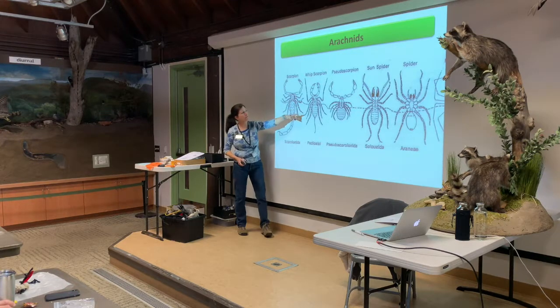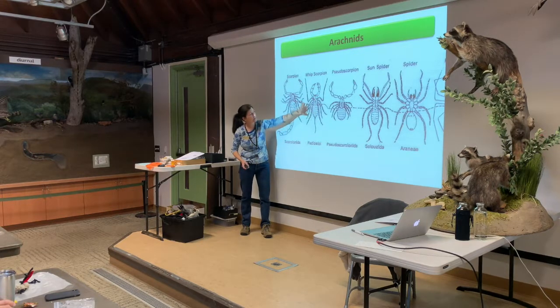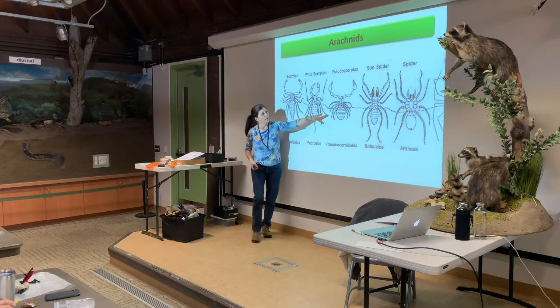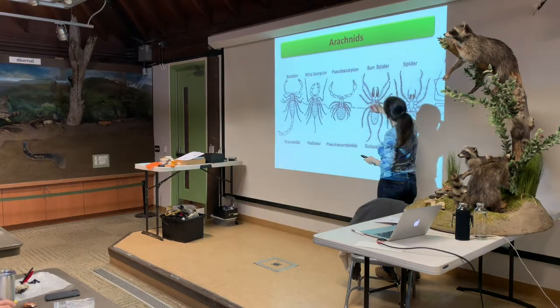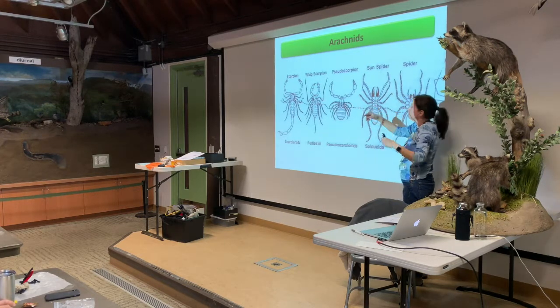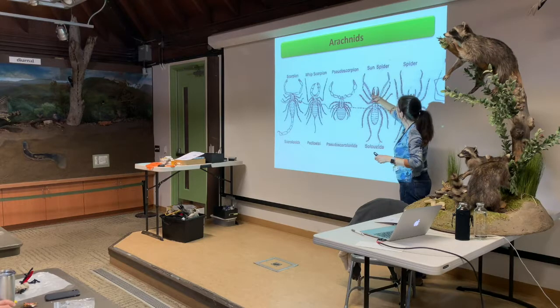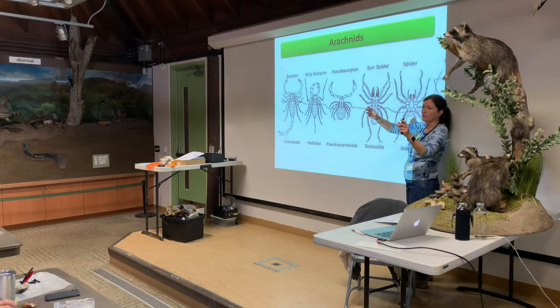Whip scorpion, similar, where the pedipalps have pincher-like action to them. A little bit different body structure. Pseudoscorpion the same. Then we get into the sun spider, and it's kind of opposite, where the pedipalps look almost kind of like little feelers, and the chelicerae look almost like it might be like a scorpion type of thing.